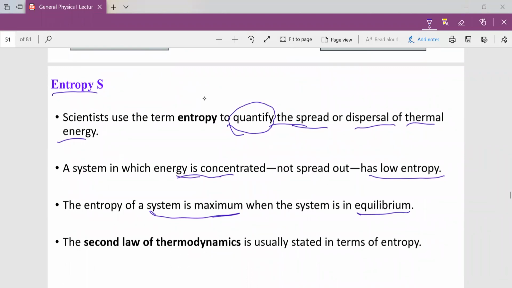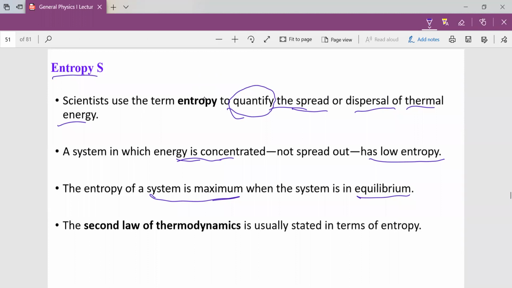As long as there's room for transfer or change in the energy of a system, the entropy has not reached its maximum. It will reach its maximum when all is equal, or the temperature on that system's surface is equal. So we use the second law of thermodynamics in the language of entropy.